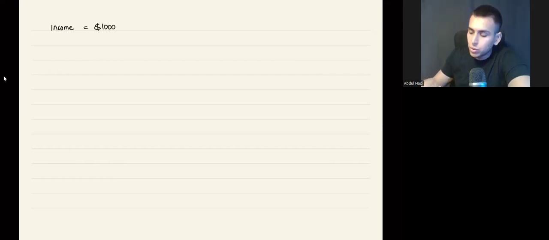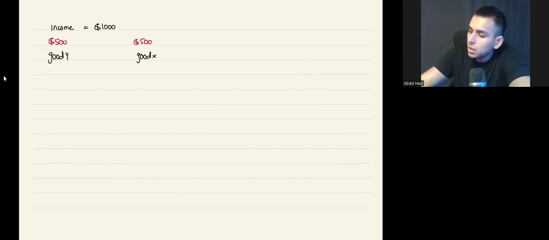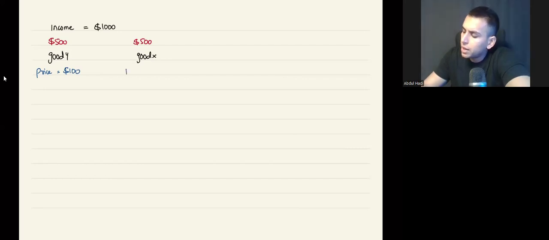And I am allocating my income between good Y and good X. I have allocated $500 for good Y and $500 for good X. Let's say the price of good Y is $100, and the price of good X is also $100.